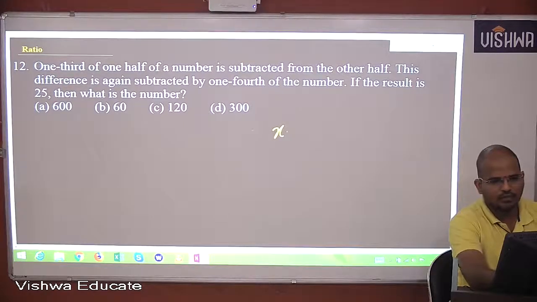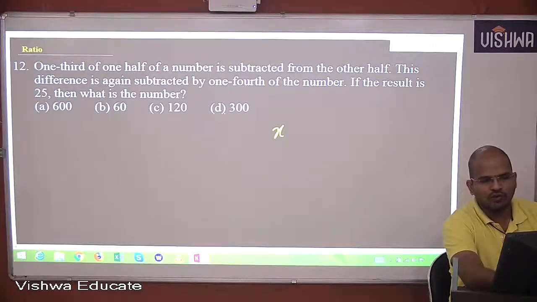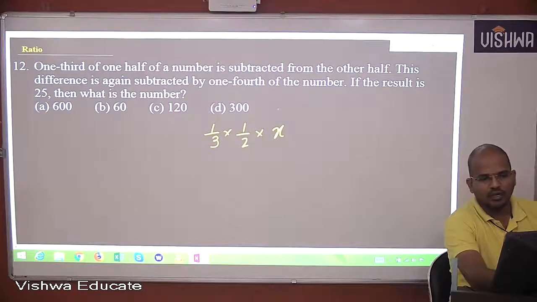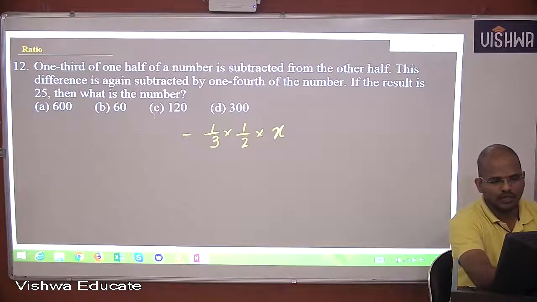Take a number x. So one third of one half of a number is subtracted from the other half.